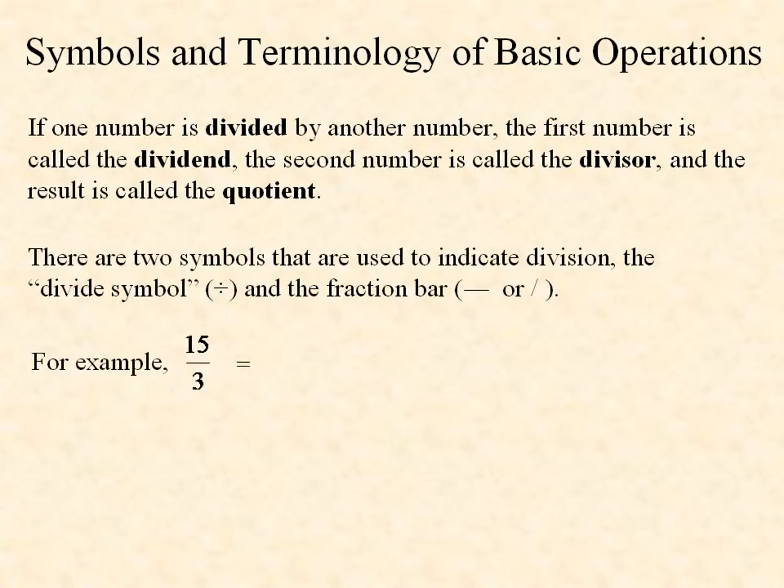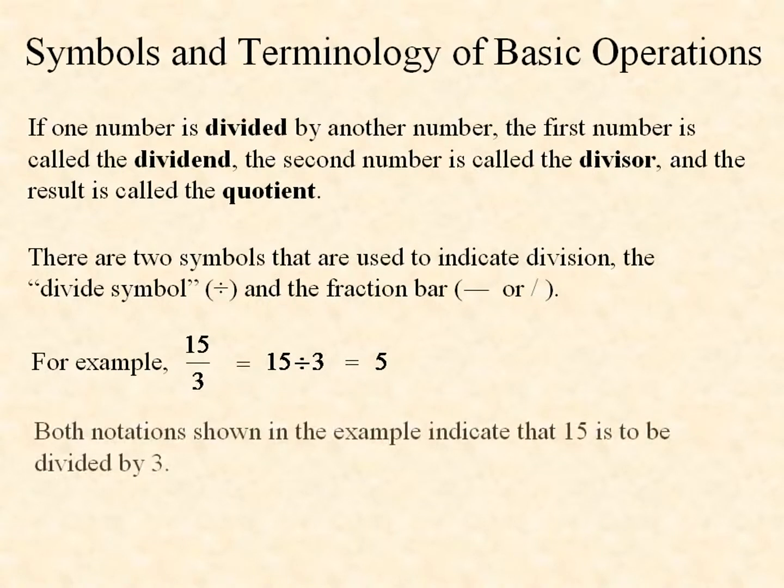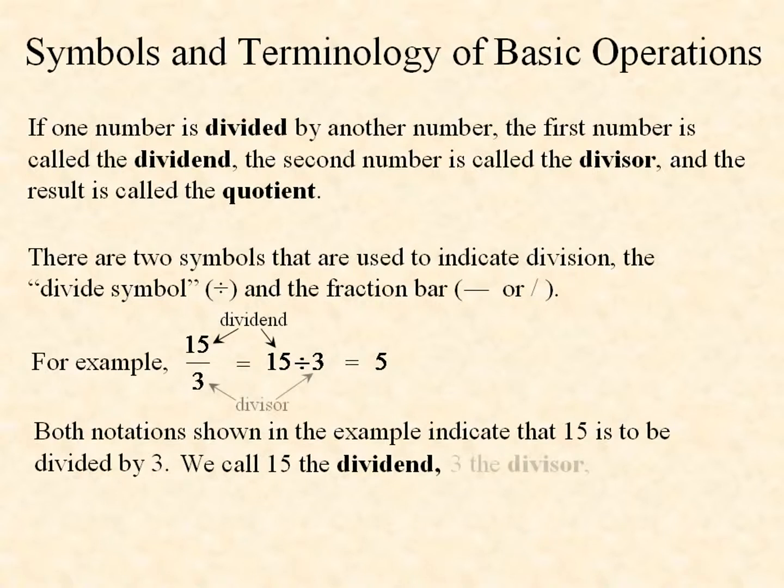It's the same as 15 divided by 3. So it's 5. Both notations shown in the example indicate that 15 is to be divided by 3. We call 15 the dividend, 3 the divisor, and 5 the quotient.